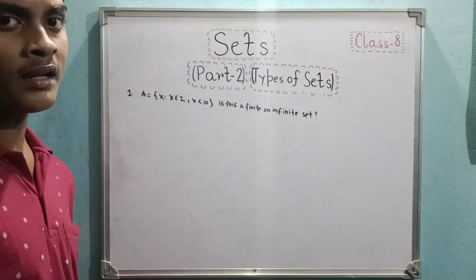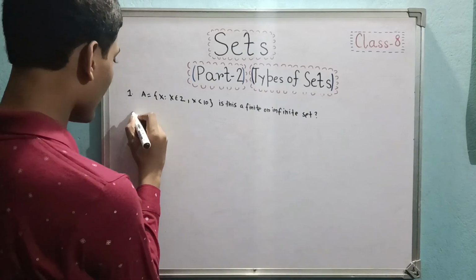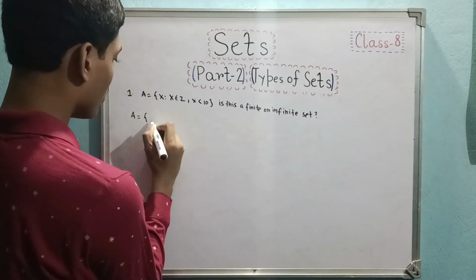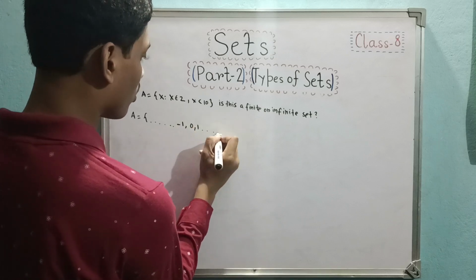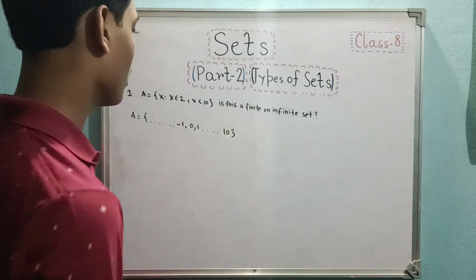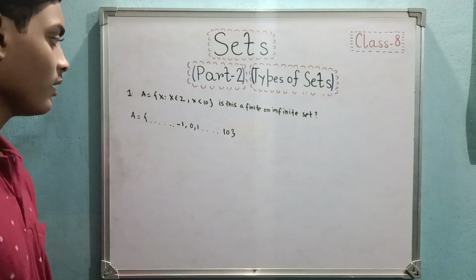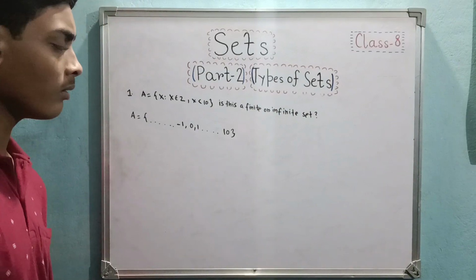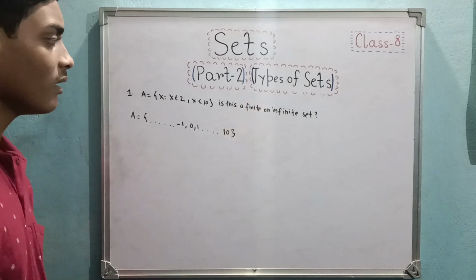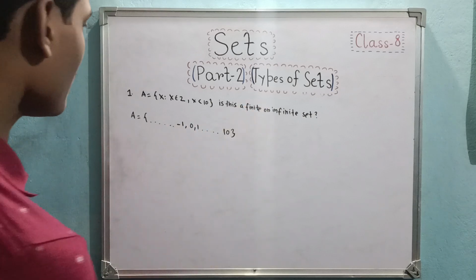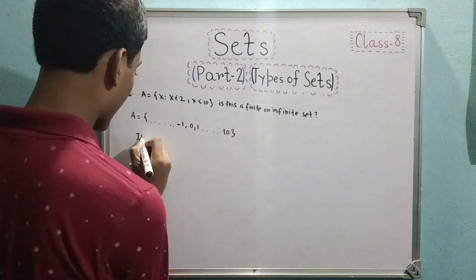It has unlimited elements. Doesn't this look like dot dot dot, then minus 1, 0, 1, dot dot dot and up to 10? Just like that. It's unlimited on the negative side. So this is an infinite set. Therefore, the answer of this question will be, it is an infinite set.